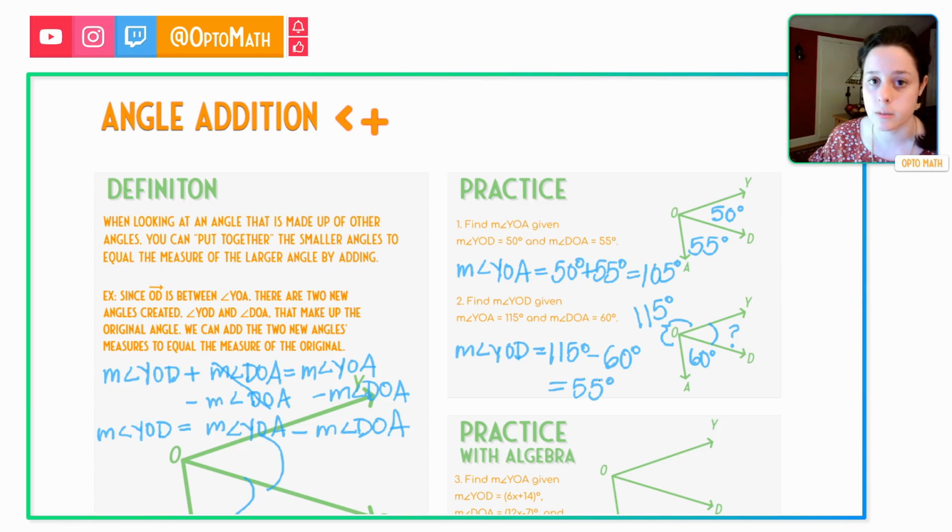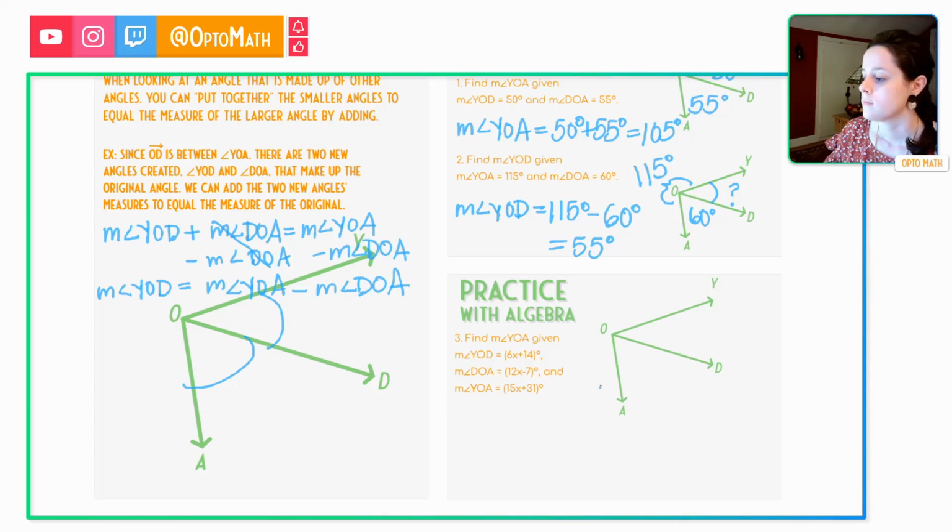Now let's take a look at some algebra. We only have one problem here, and we've got our picture still. So remember, let's fill in the information into the picture as we go. We're wanting to find the measure of YOA. So we are finding the total angle here, and we know each piece. We even know what YOA is, but it's in an algebraic expression. So let's start with the first one.